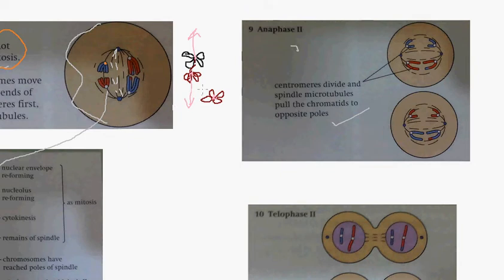So what happens is this chromosome now starts to divide. It goes to the opposite pole. So one side goes here and the other side comes here. So we can see that our so-called centromere half went here and half went here. So centromeres divide in anaphase 2.